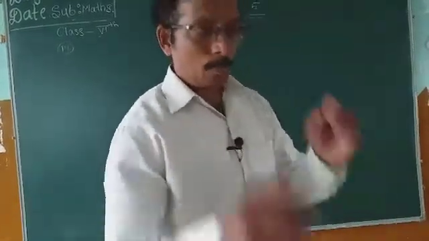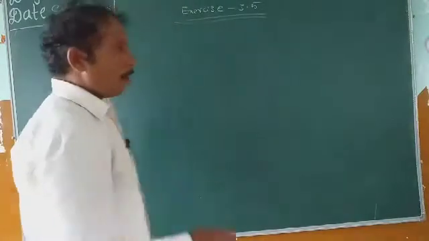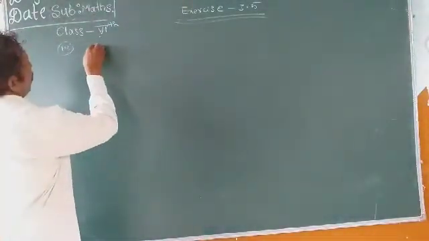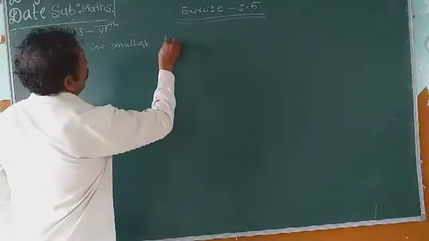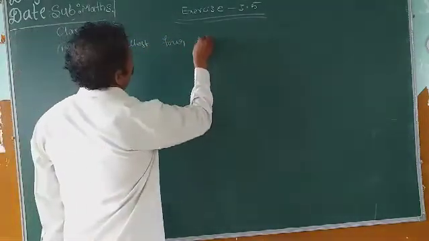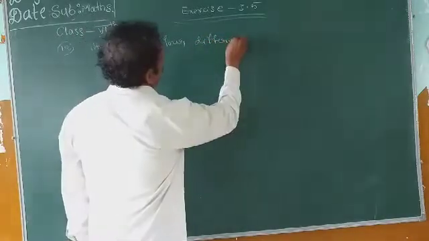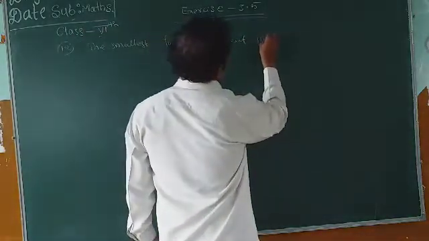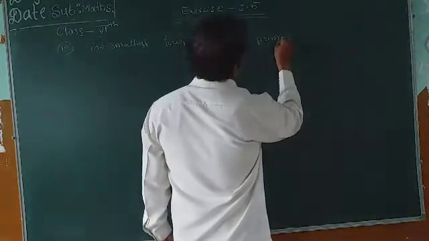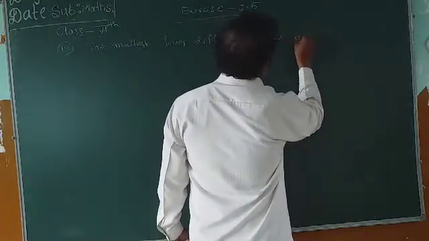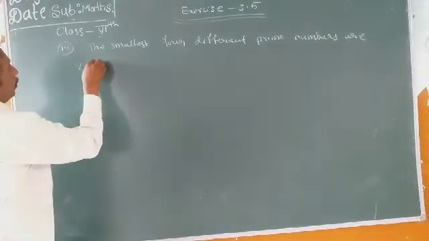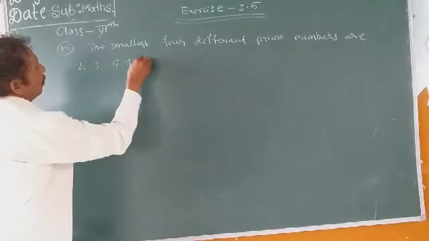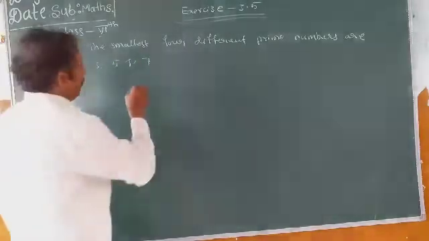The smallest 4 different prime numbers are 2, 3, 5 and 7.